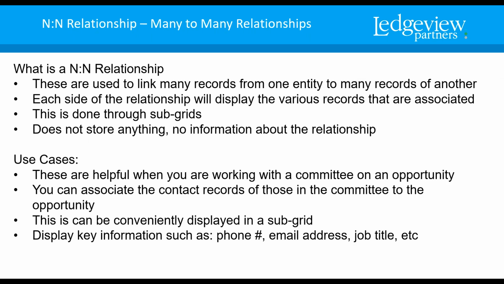Many to many relationships, so N:N. This is the least common. In a lot of cases, there are middle entities that are used between many to many relationships or between one to many relationships to create this. So a true many to many relationship is actually one of the least common.